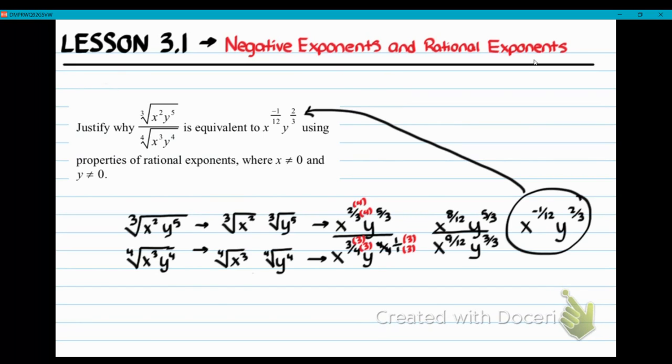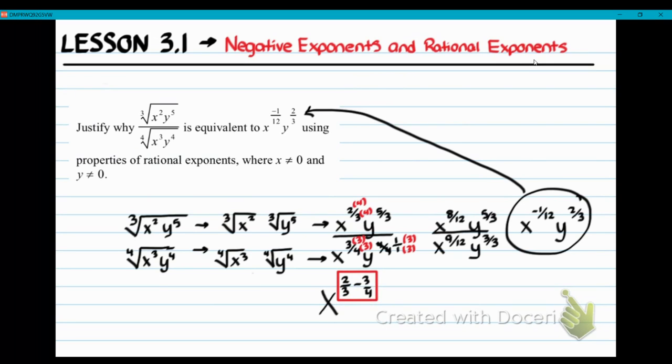Okay, so you had to break it down into separate radicals, change each of those radicals into rational exponents, and then either you could have just used your calculator for this part. So you could have done x to the 2 over 3 minus 3 over 4. You could have put what I'm boxing off directly in your calculator.